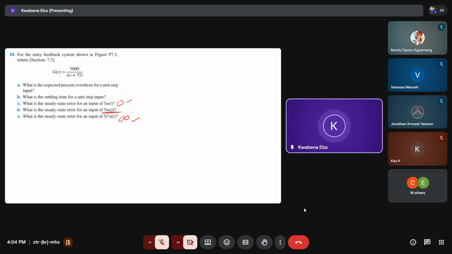Then the next one says you find for 5t u(t). That means we'll find our Kv. Kv is the limit as s goes to 0 of s times 5,000 over s multiplying 75 plus s.